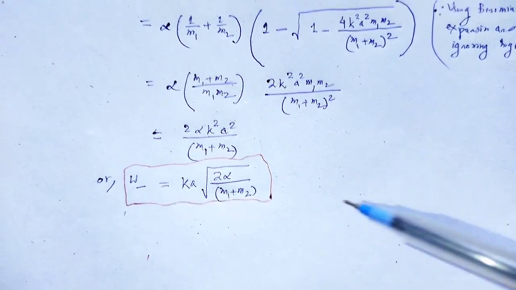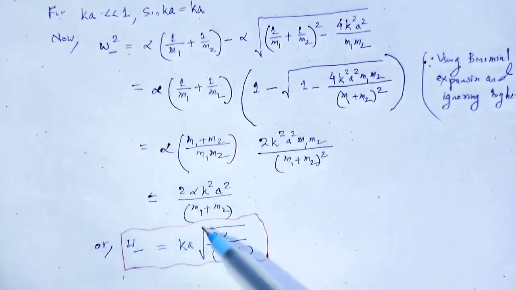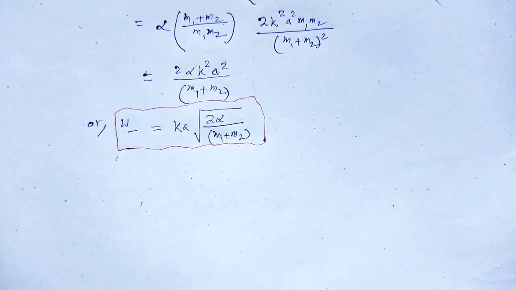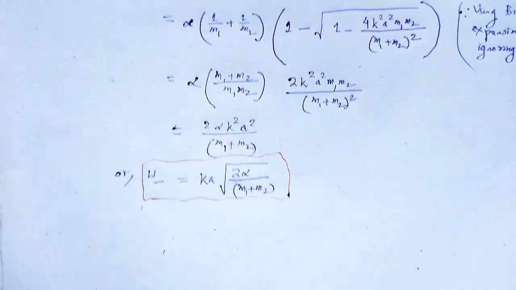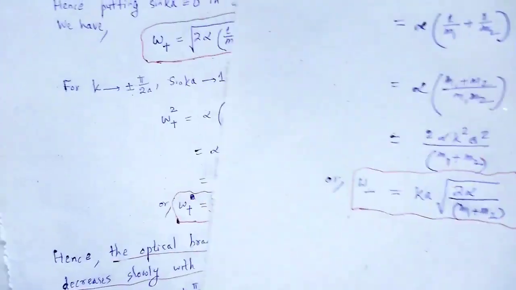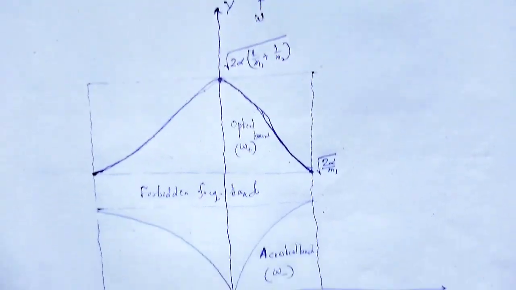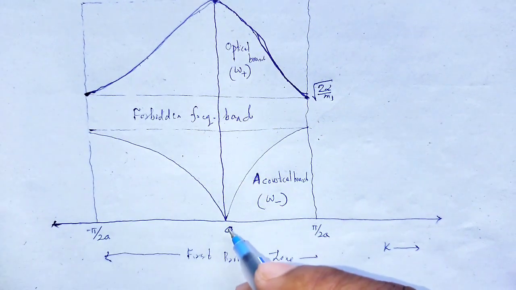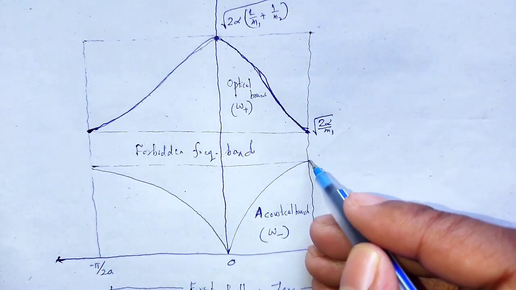That frequency varies from 0 to this. Now in the graph we show that frequency range as 0 to that frequency range.